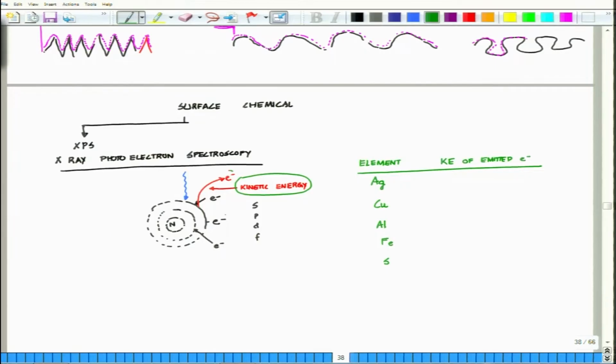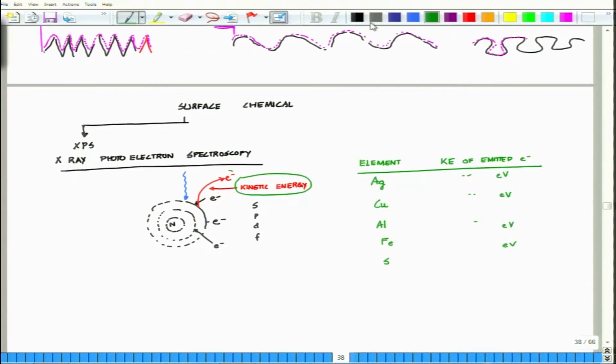With what energy, in electron volts, is that electron going to come out, for some amount of energy introduced?